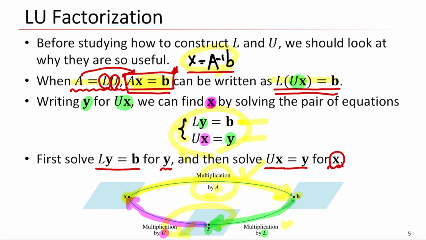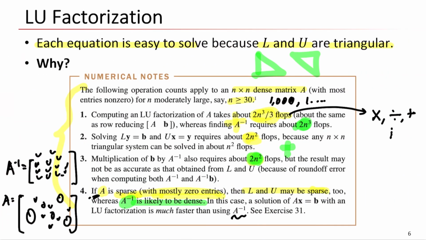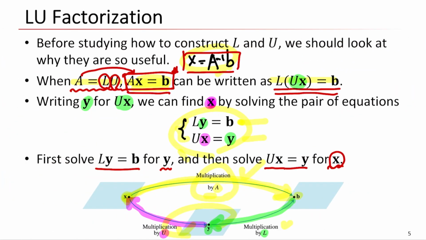Compared to the inverse method, this procedure can have a more efficient computation time. For example, if you see this note, you can understand why the LU decomposition based method is more efficient than the original A inverse times b procedure.